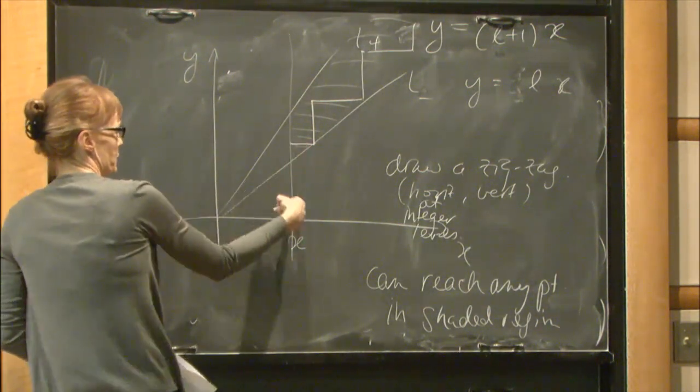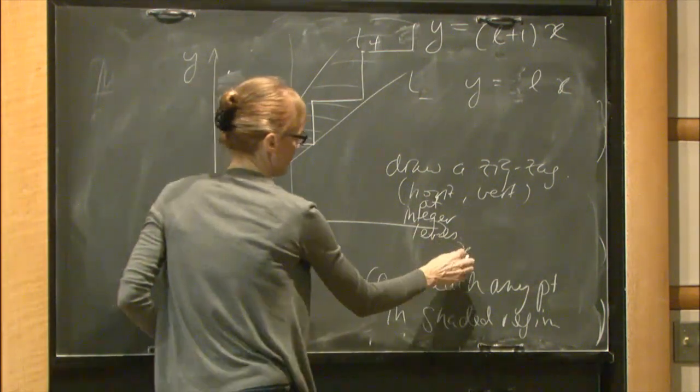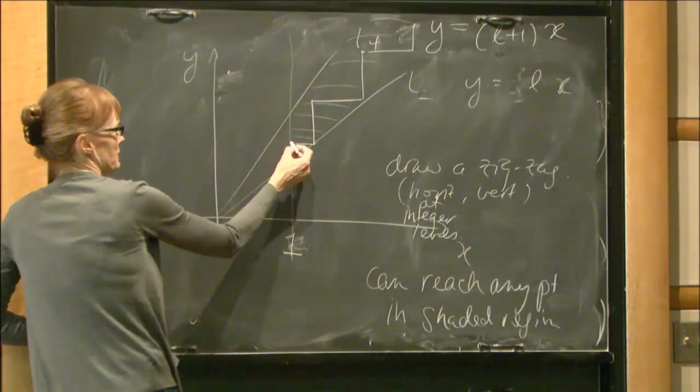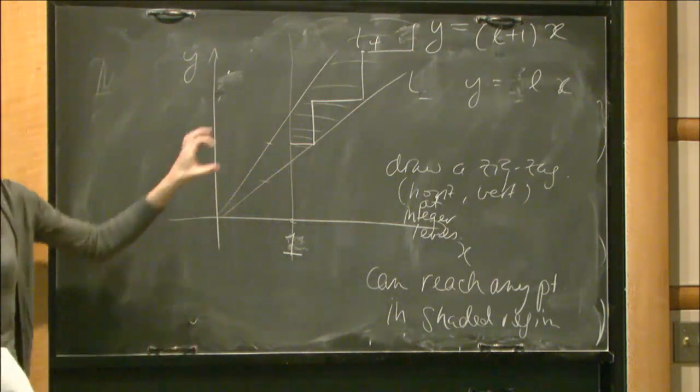If you try to go below x equals 1, sorry, this is supposed to be the variable x, that's the line x equals 1. If you try to go below, then that's no longer true because the distance between these two curves is less than 1.